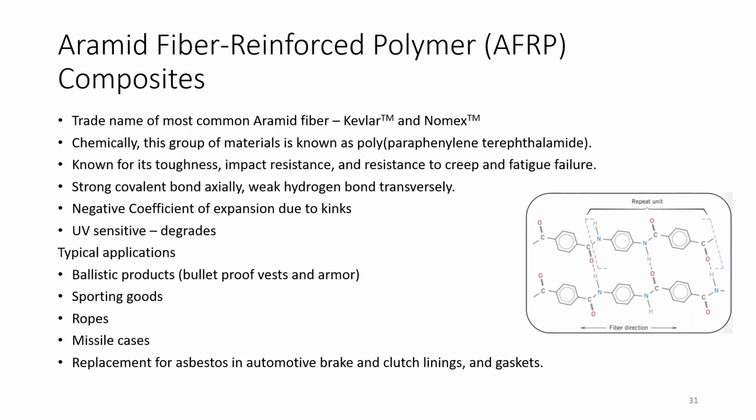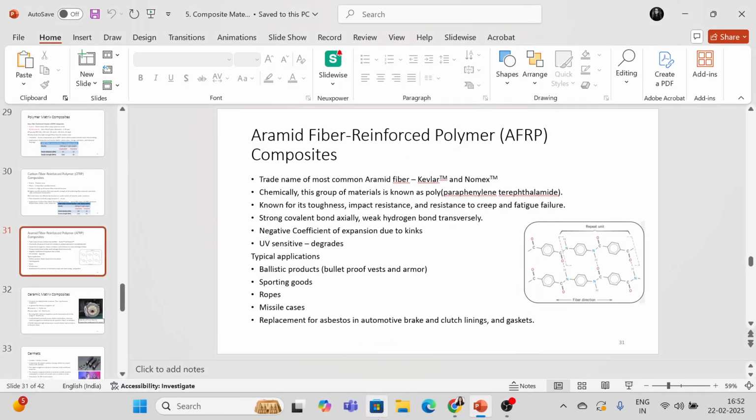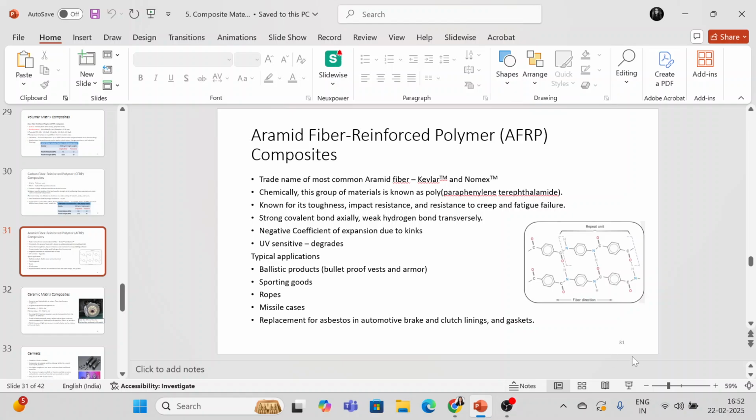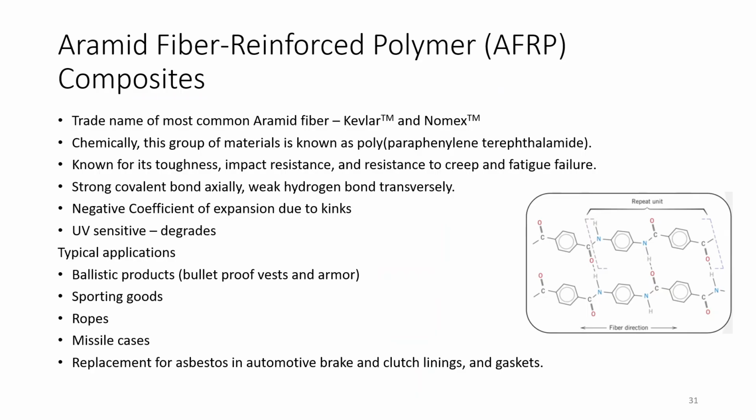Aramid fiber reinforced polymer. The most common aramid fibers, by trade name, are Kevlar and Nomex. Chemically, this group of materials is known as polyparaphenylene terephthalamide, and it is known for its toughness, impact resistance, and resistance to creep and fatigue failure.